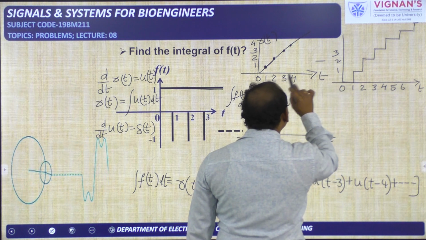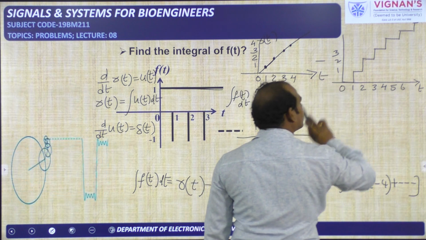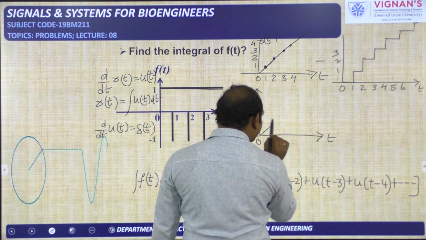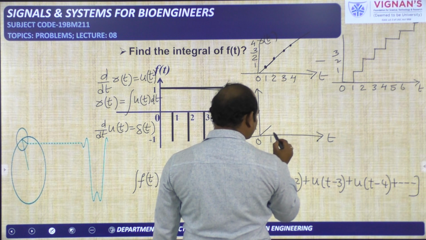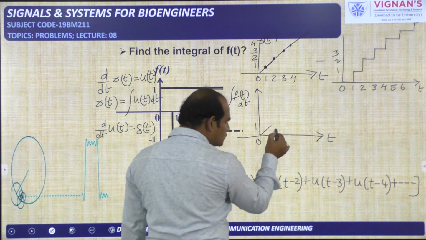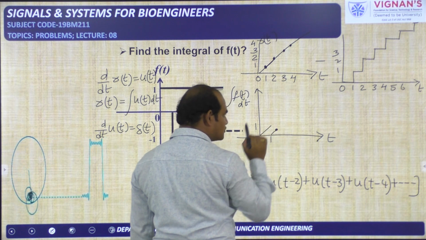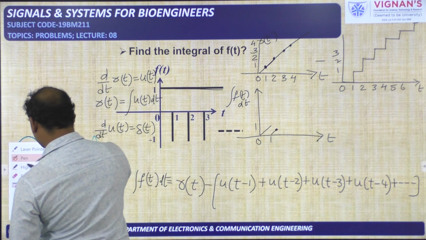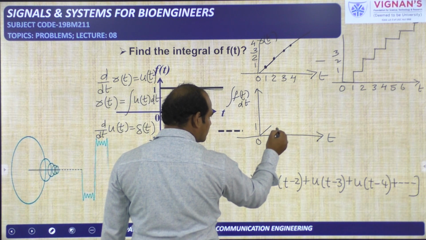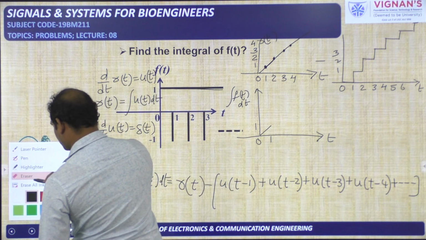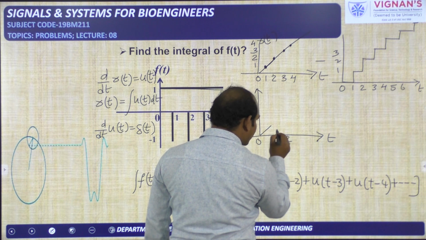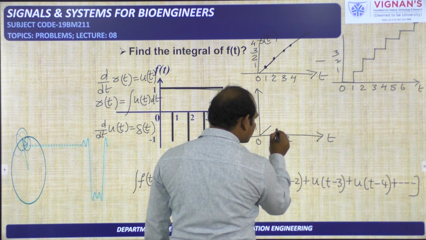So if you subtract these two, 1.5 minus 1, that means 0.5 you will get. So at 1.5 you should get 0.5. Like this you will get. Otherwise you simply take this as 0.5. So here you will get like this.